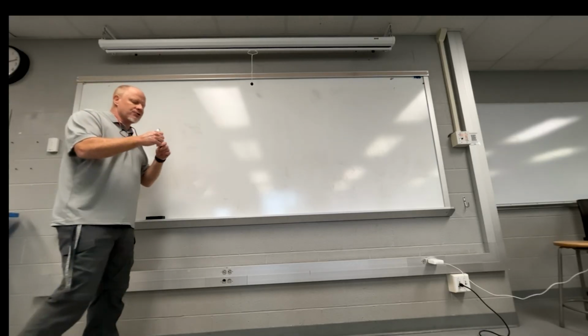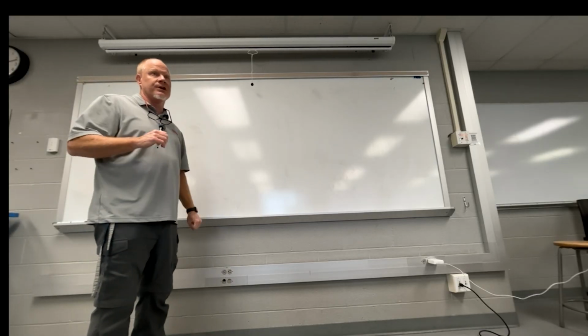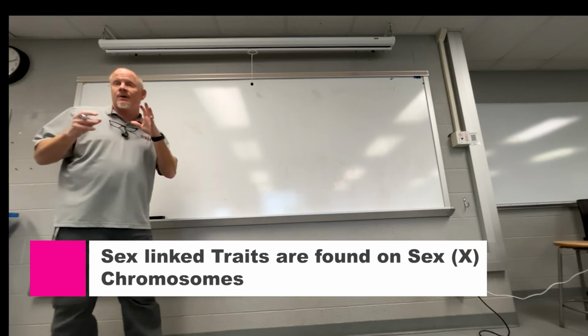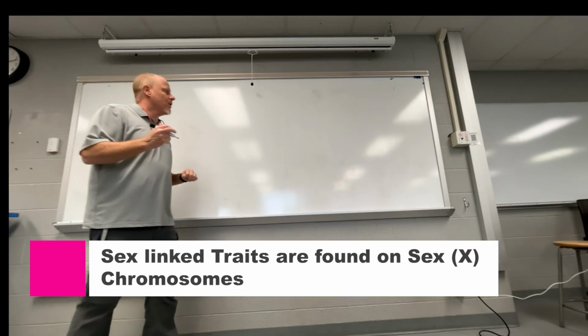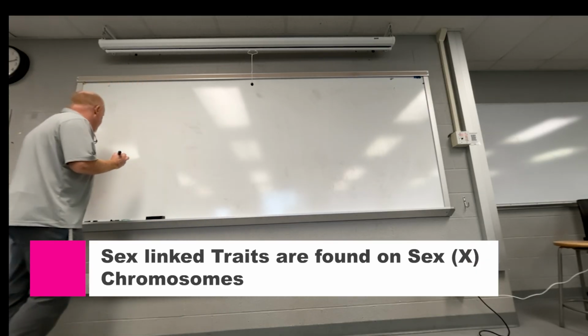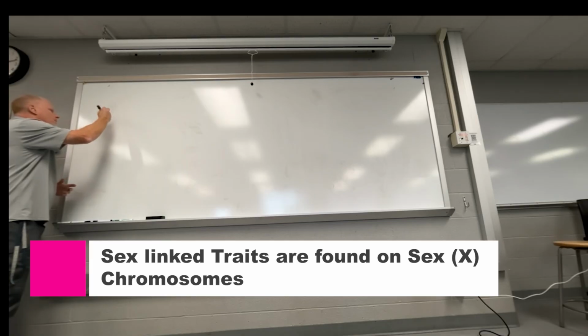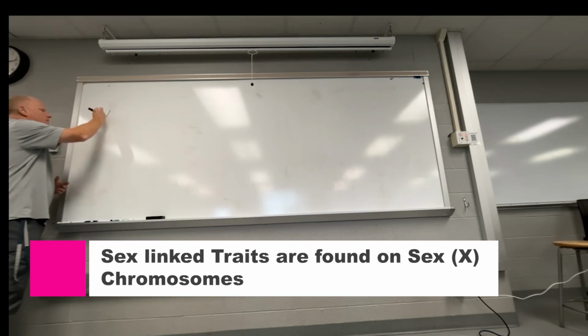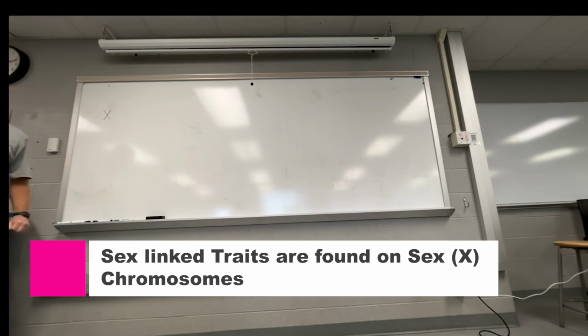One other really interesting example of genetics that differs from dominance and recessive are sex-linked traits. And sex-linked traits, for us, are most commonly carried around with the X chromosome.